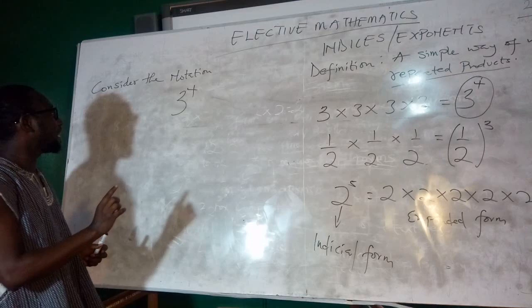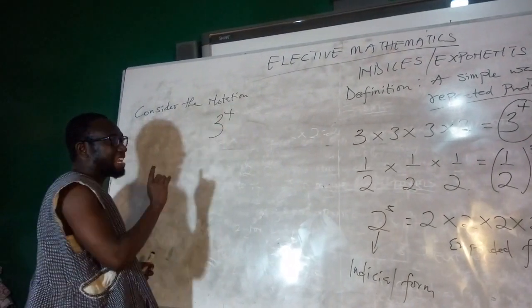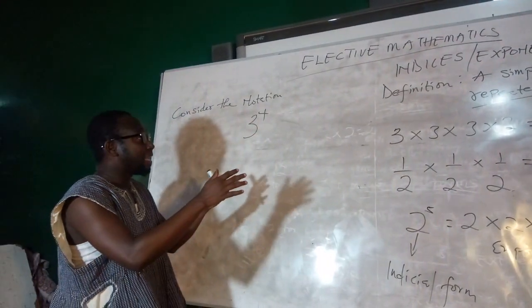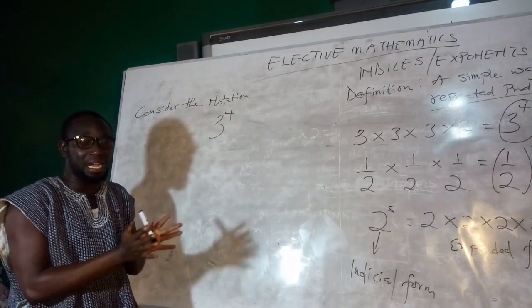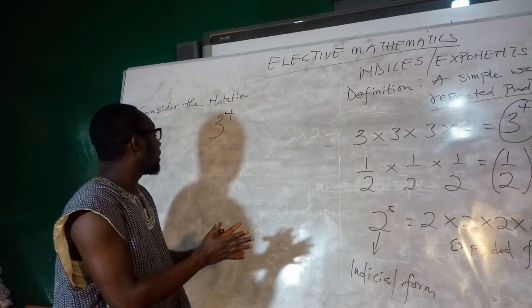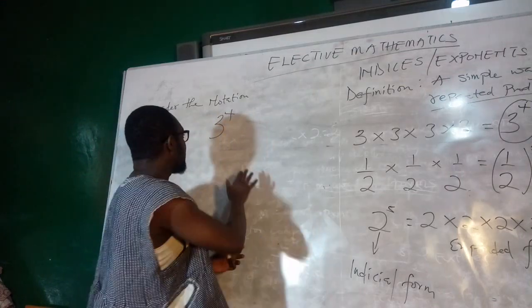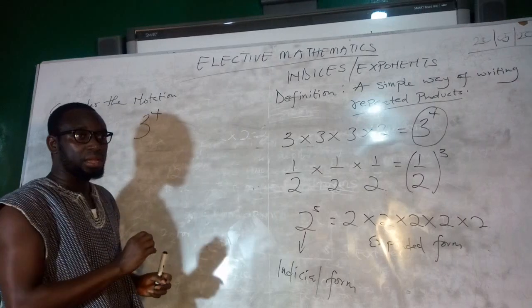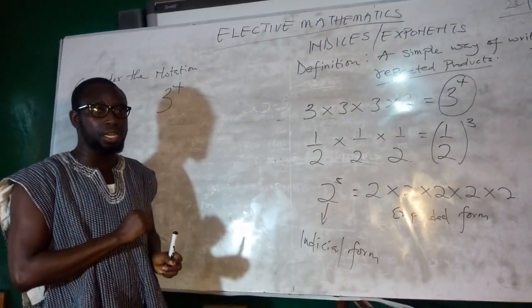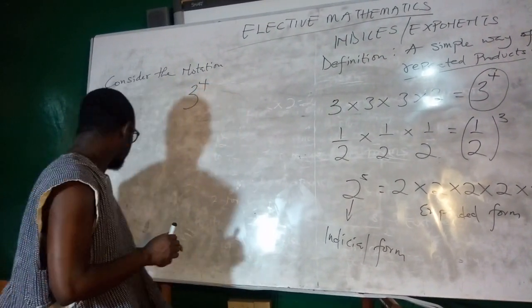I'm using the term notation here in the sense that the indices or the exponent is a simple way of writing repeated numbers, so it can also denote a notation. When we have it this way, there are 2 important questions we need to ask ourselves. So let's write the questions down. First one.